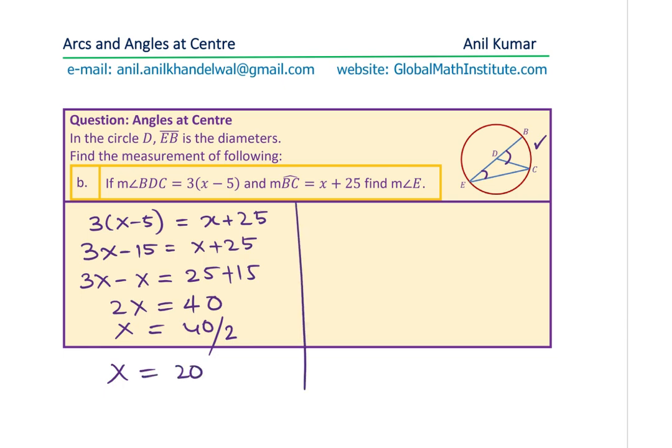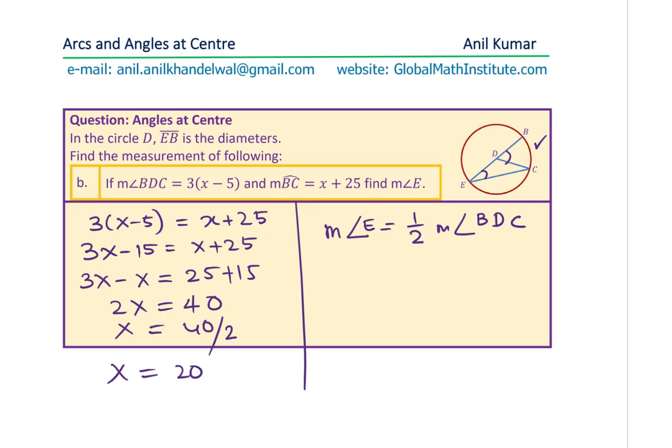Since we know that the value of x is 20, we can find the value of E. Now, measurement of angle E is how much? It is half the measurement of angle D, right? I should write BDC, right?